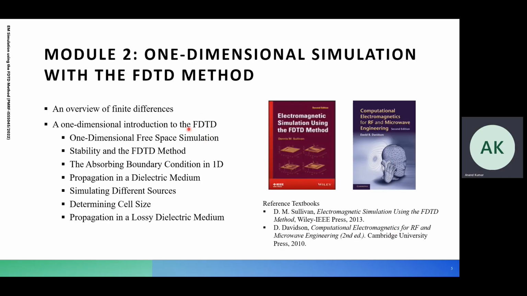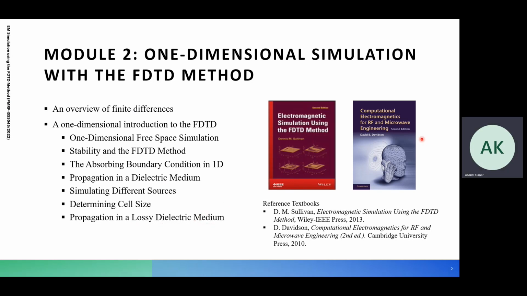In module 2, we started with the one-dimensional simulation. We discussed the update equations, the boundary conditions, and the stability. We also discussed propagation in dielectric media, how to determine the cell size, giving different kinds of sources, propagation, and lossy media.